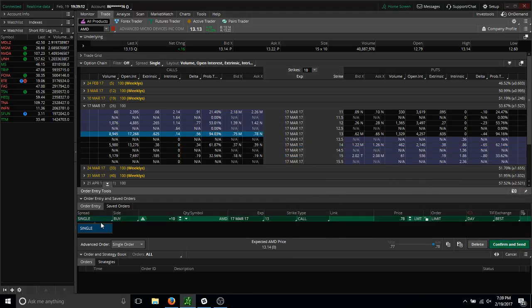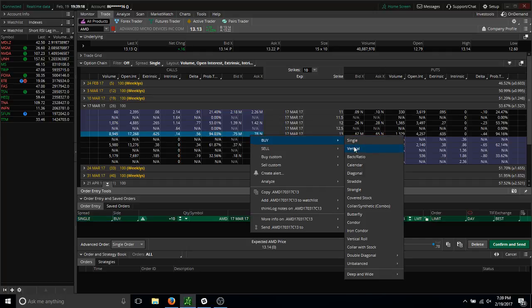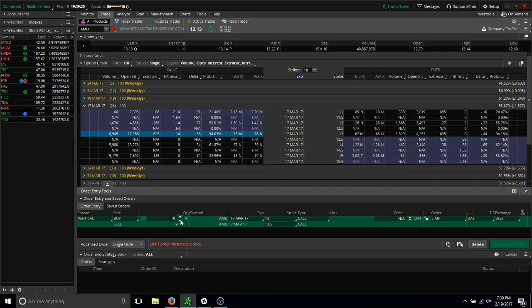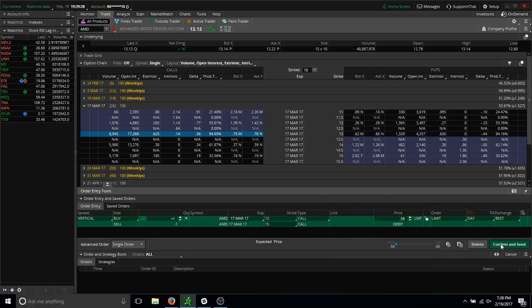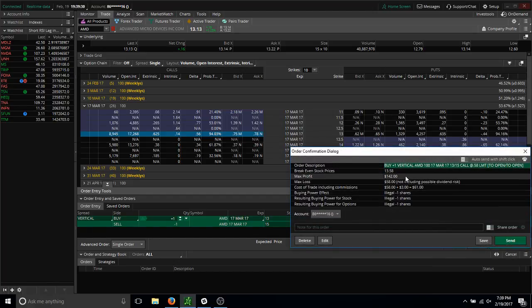That's not what I wanted. By vertical, there we go. So 15. When I hit confirm and send here, it's going to show me my max profit is 142.